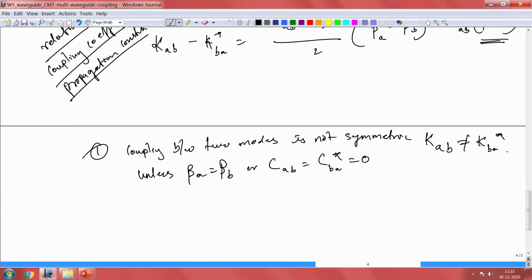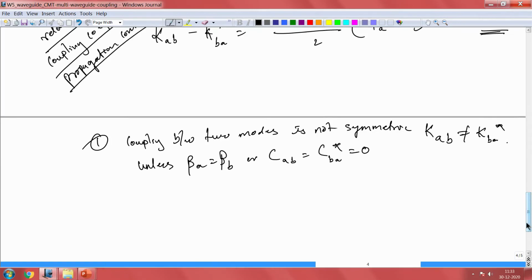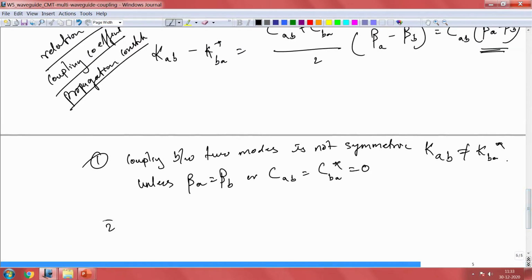You cannot have symmetric coupling unless the two modes that you are talking about are orthogonal in nature, or your propagation constant is identical, right. So, those are the two instances where you can have symmetric coupling. Other than that, it is not going to be symmetric. So, the second point is that.